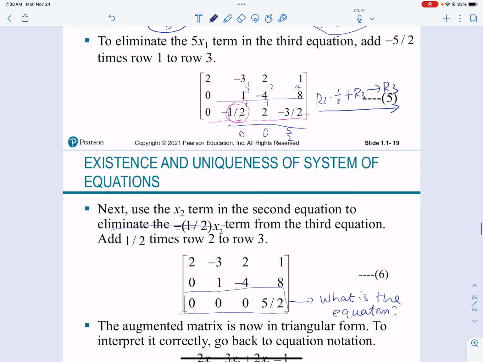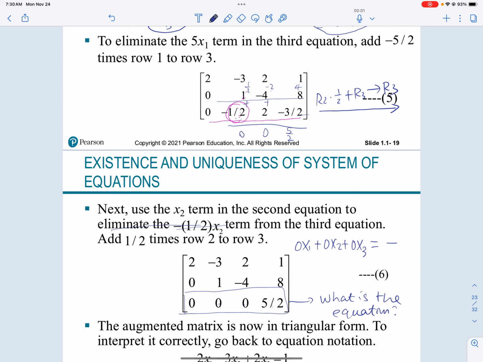Are you with me? Before we continue, I wanted to ask you a question. Could you write the equation of the last row, the row 3 here? What is the corresponding equation? Do you guys remember? This is what? 0x1 plus what? 0x2 plus 0x3.